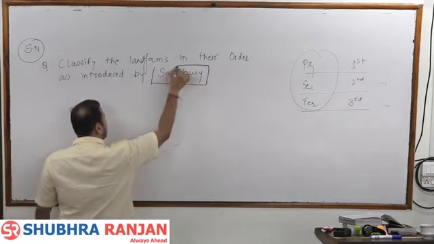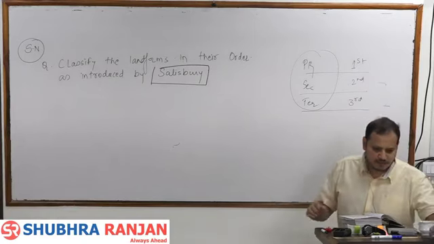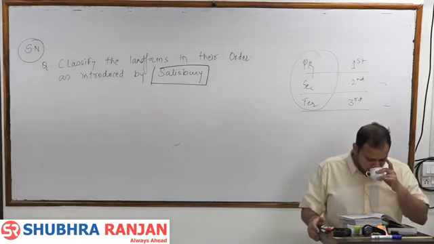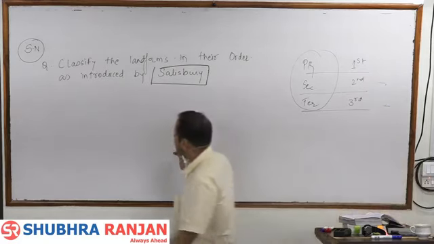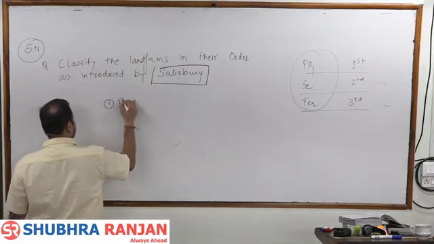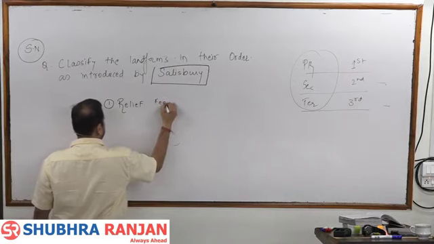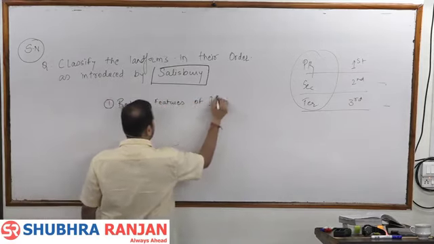Salisbury classified the landforms into, first point, relief features of first order.